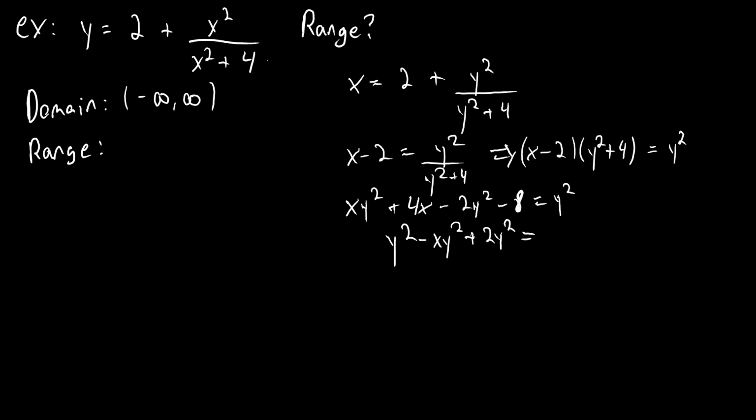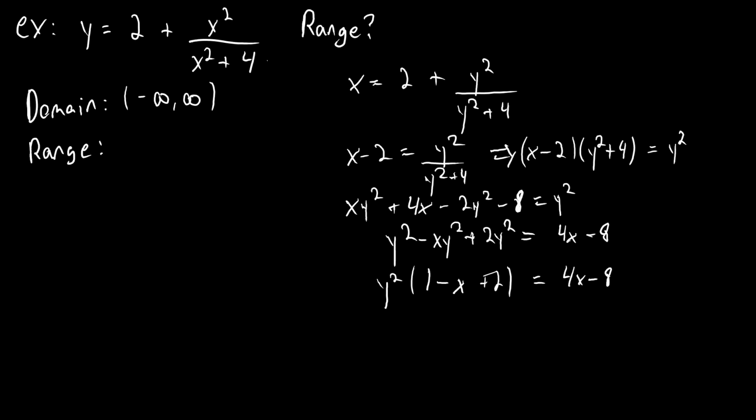And that's going to equal 4x minus 8. So let's factor these y squareds here. So we're going to have 1 minus x plus 2 equals 4x minus 8.